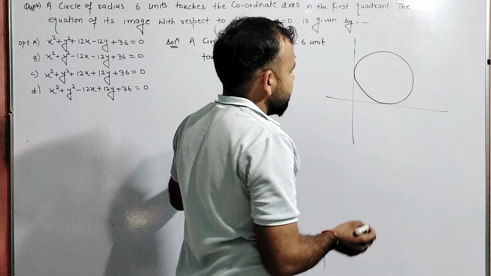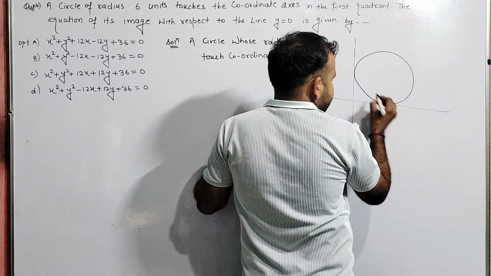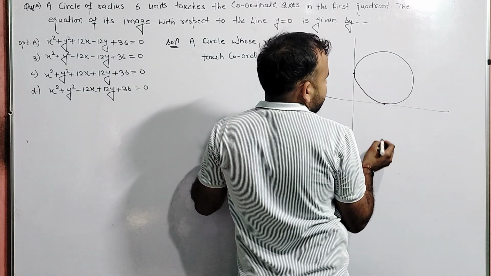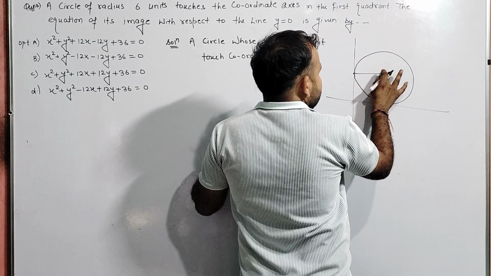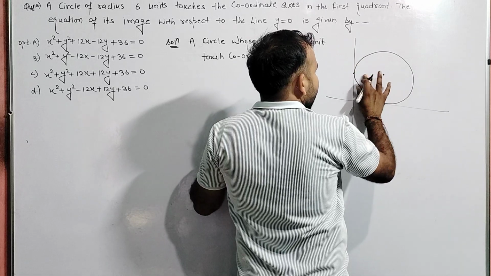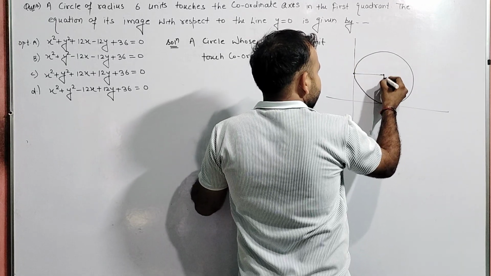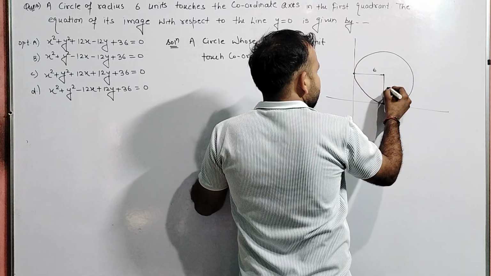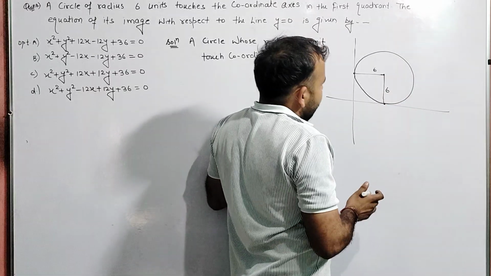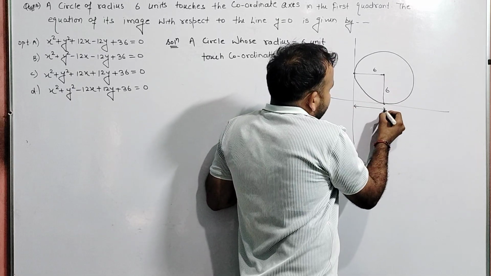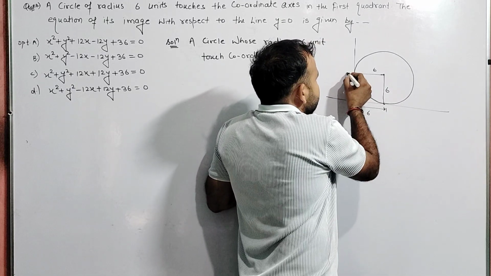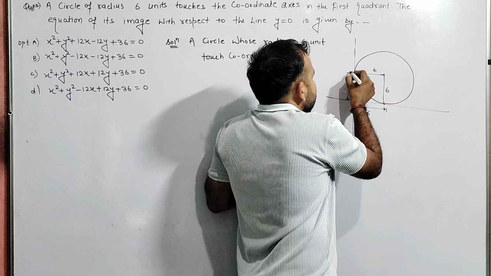Understand, students? So these are the coordinate axes and the circle touches them. And the radius of this circle is 6 units. That means 6 is this one and 6 is this one. If this is 6, then the distance from this point to this point is 6 units, and the distance from this point to this point is also 6.